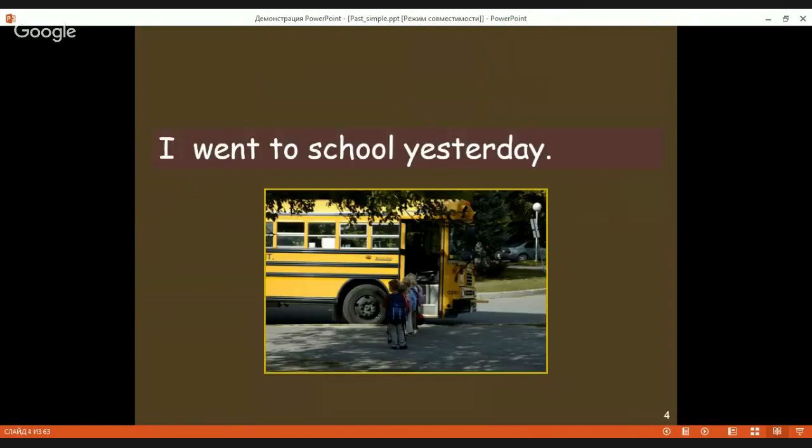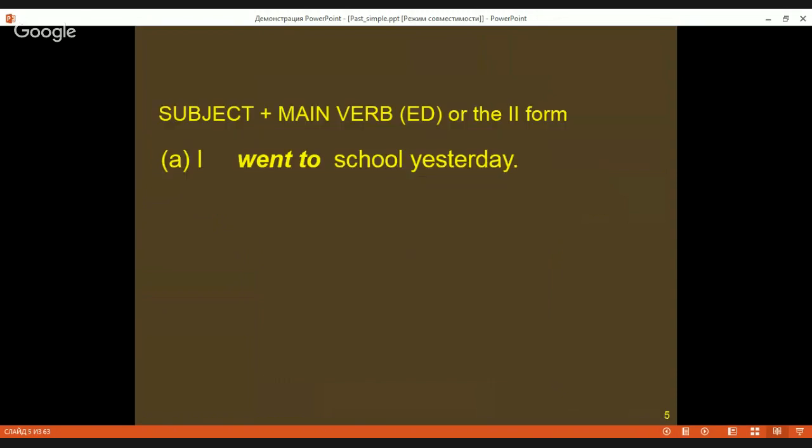Let's move on. A little bit more about the structure of this tense. Let's refresh it. The example, I went to school yesterday. So a positive sentence is made using the subject and the main verb ending in ed if it's regular, or you use the second form of the verb in case it's irregular. I went to school yesterday.